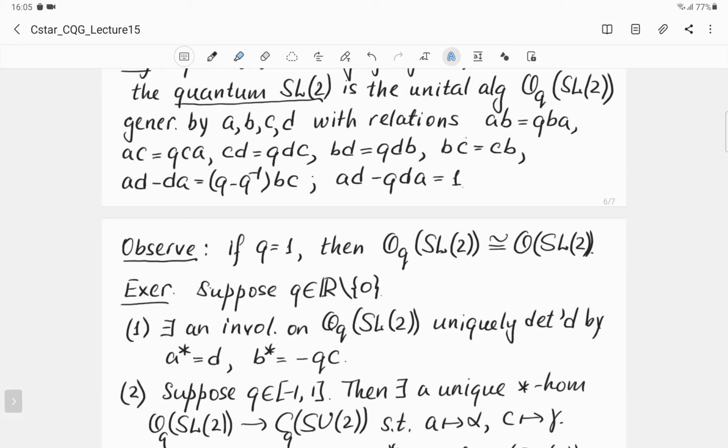And perhaps the most elegant approach to these relations was found by Manin in 1987. He followed the general philosophy that quantum groups should act on quantum spaces, in the same way groups act on spaces. Quantum group should act, or more exactly, coact on quantum spaces.